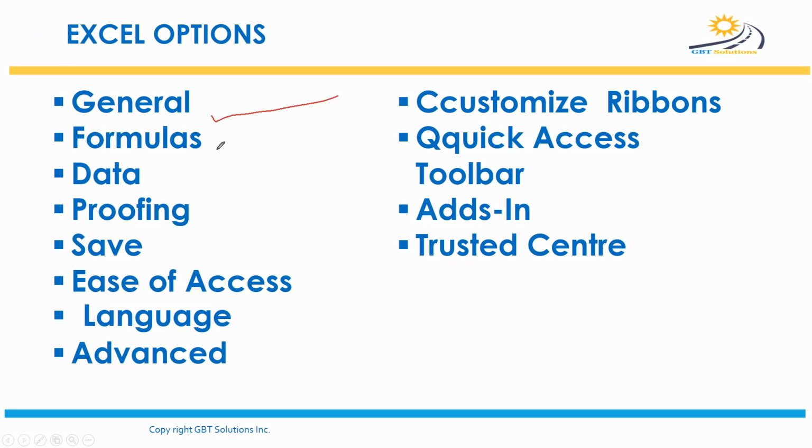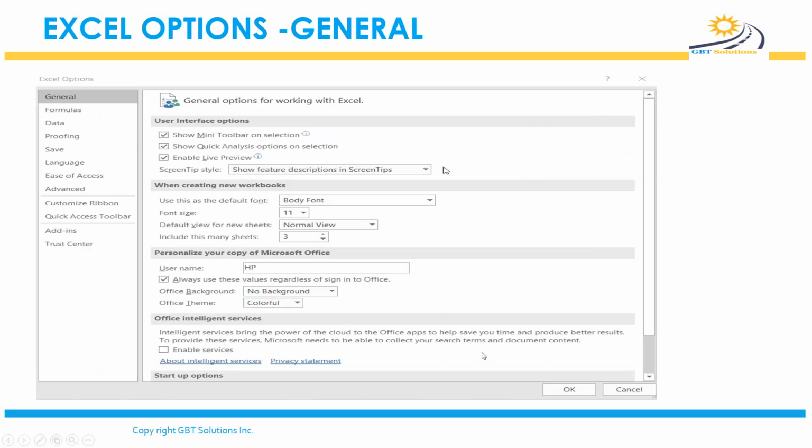Those are the most important: the general, maybe view, the advanced options, and the customize ribbon. Those are the most important ones, and you will see when we come to this.